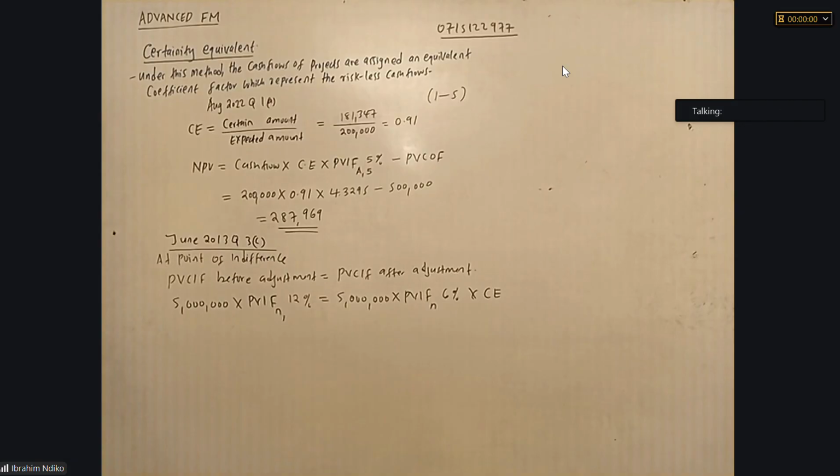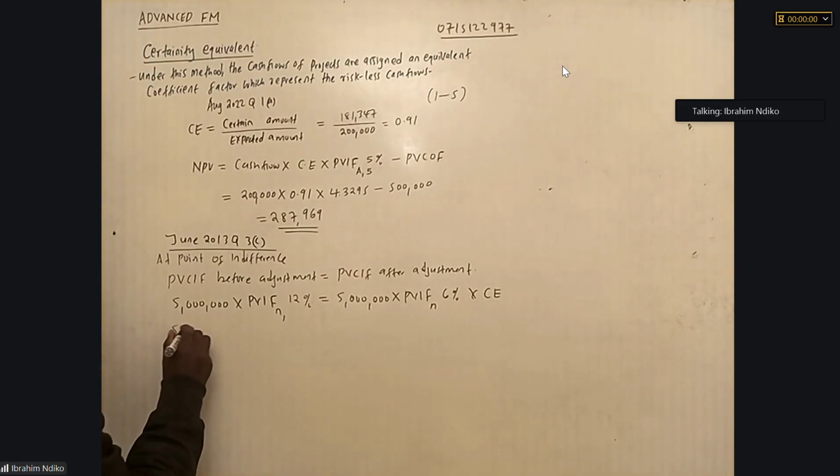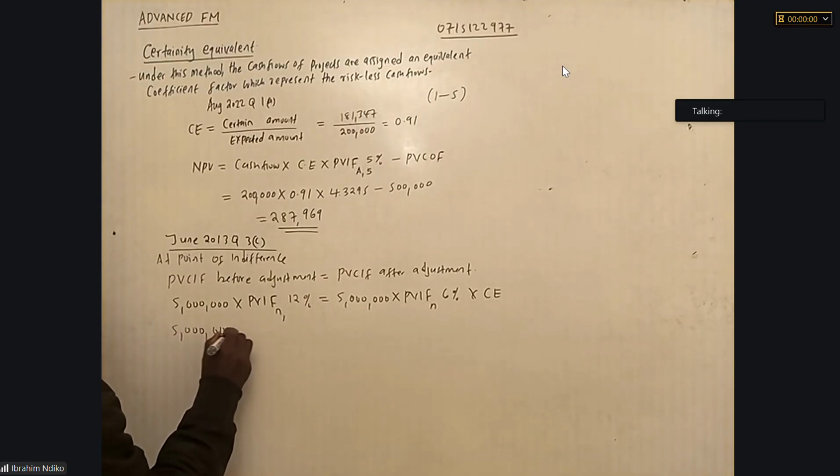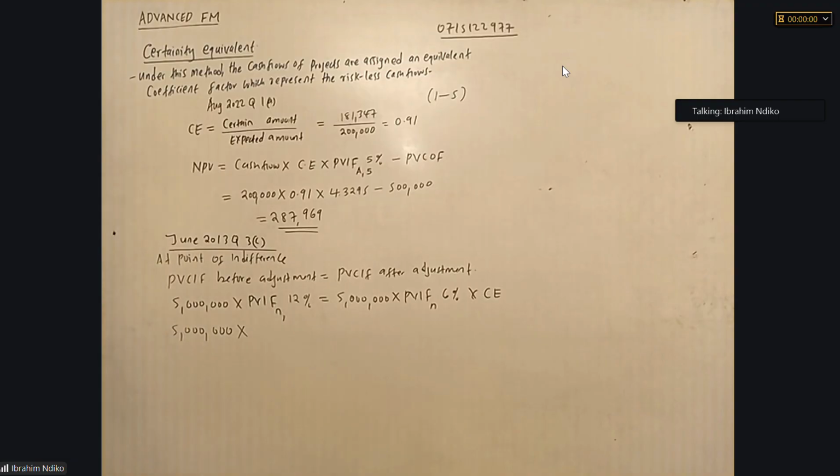Itakuwa vipi? So itakuwa ni 5 million. From the table, 12%, 0.8929.